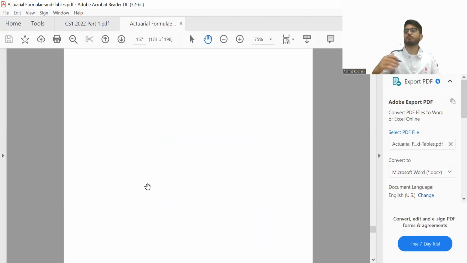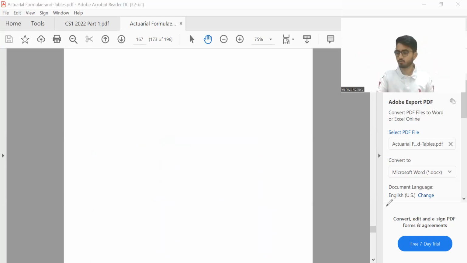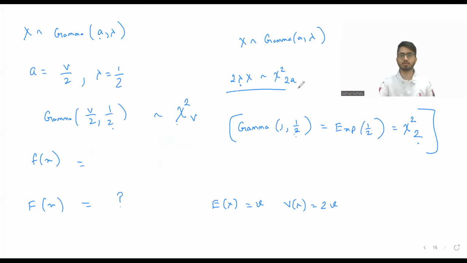Now, if you ever want to calculate the probability for a gamma distribution, you can convert a gamma into a chi-square. How? Using this particular result, the proof of which we will cover in chapter number 3. If X follows gamma alpha comma lambda, 2 lambda X follows chi-square 2 alpha. And then I can use the chi-square probability tables to compute it.